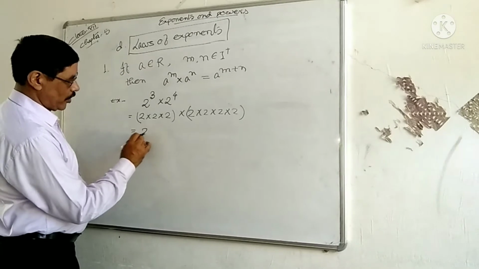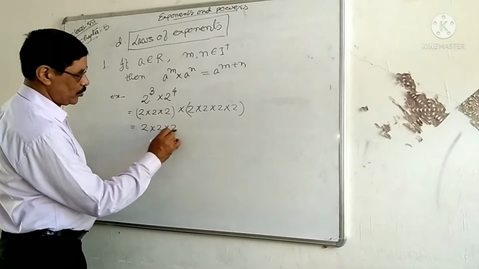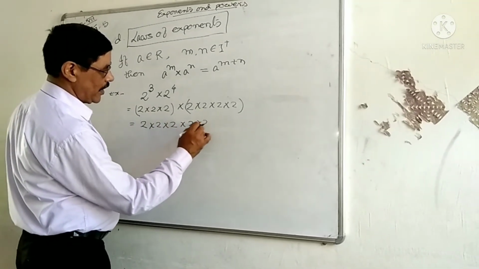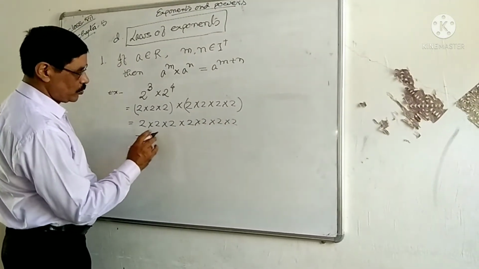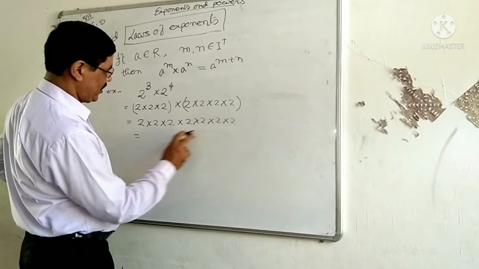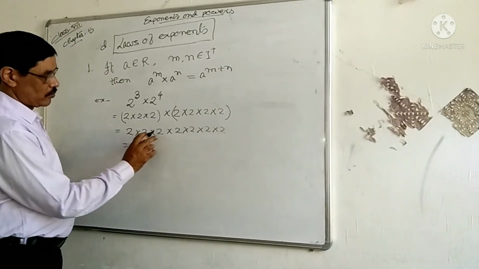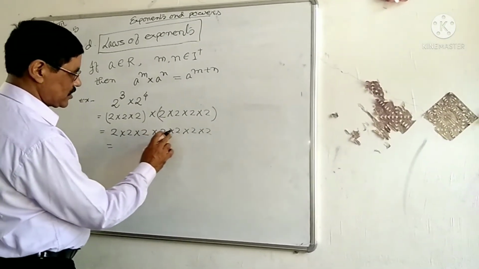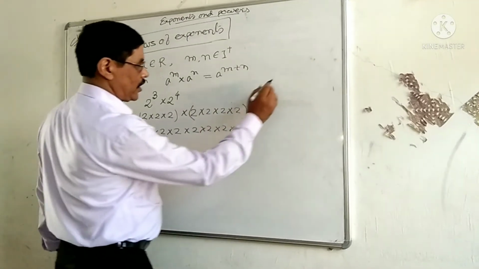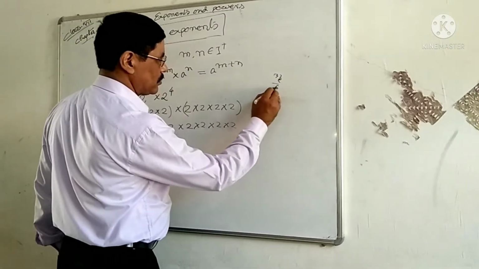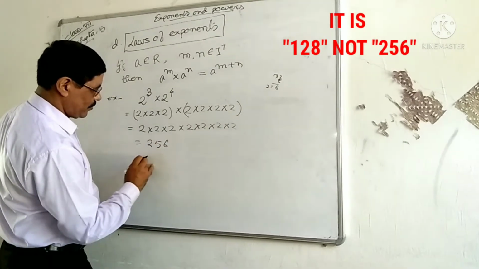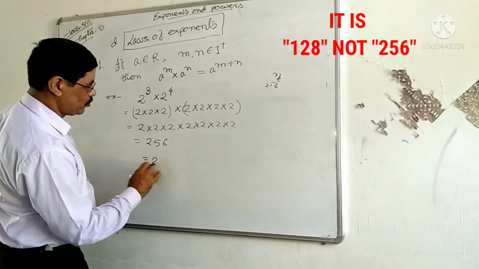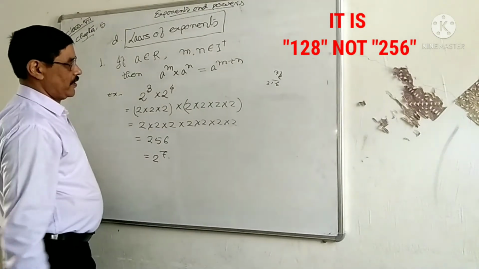After that, when you join it, here 2 is for 3 times, there 2 is for 4 times, so 2 is multiplied for 7 times: 2, 4, 8, 16, 32, 64, 128. That is 128, and this can be written directly as 2 to the power 7 also.